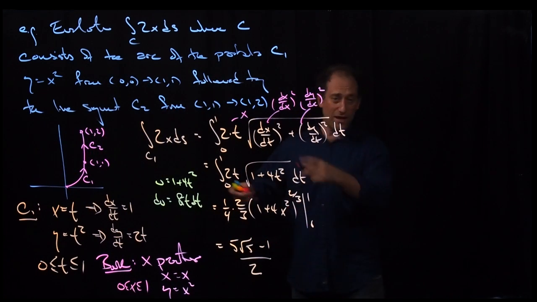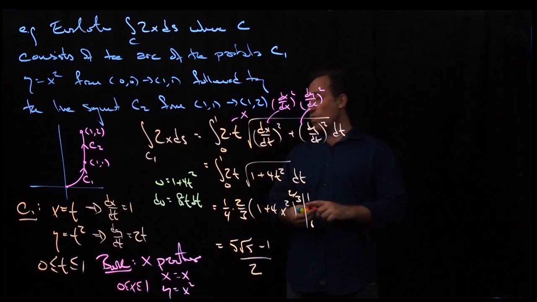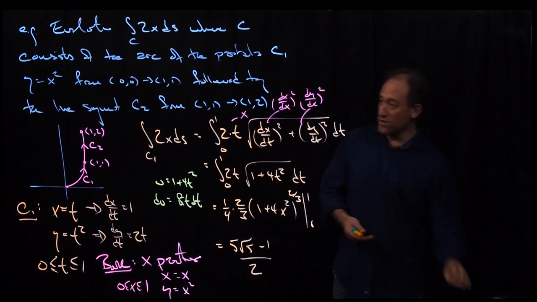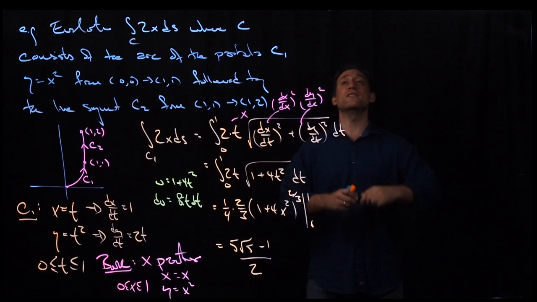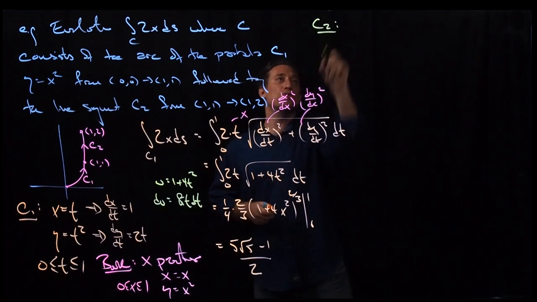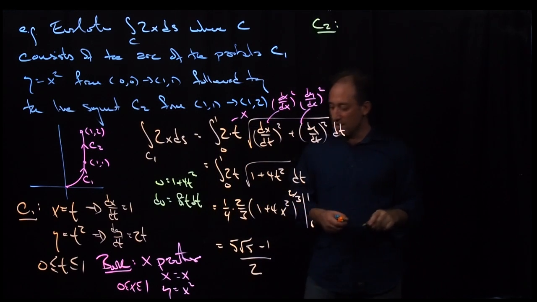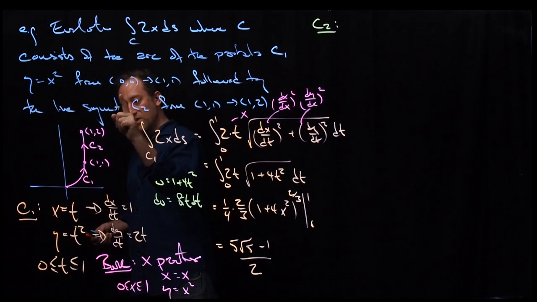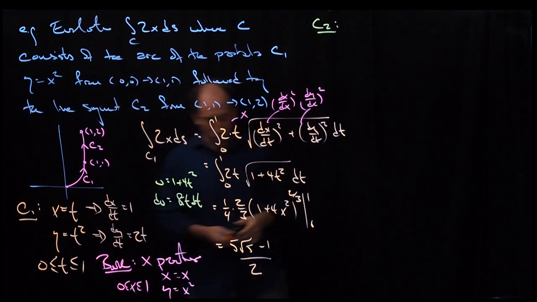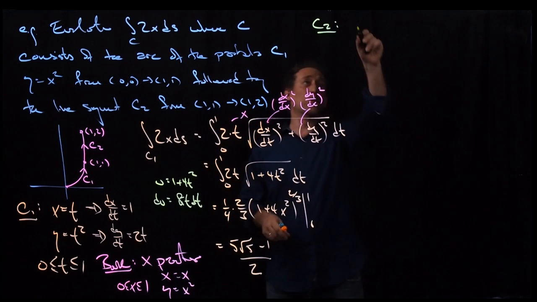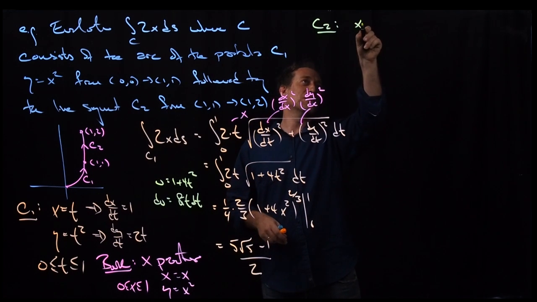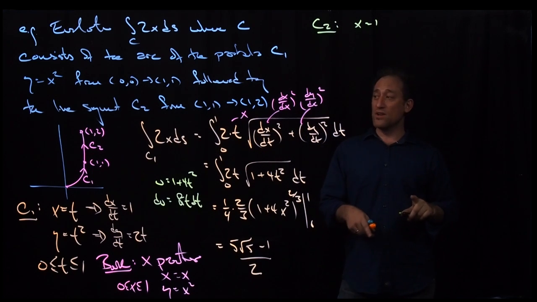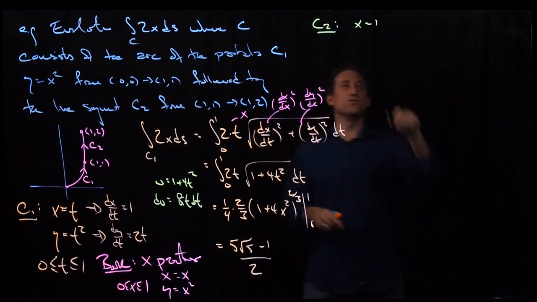All right, so that just gets me C1. I also need C2. Specifically, I need to begin with a parameterization of C2. I need to go from the point (1, 1) to the point (1, 2). X is always going to be 1, so I'll write x is equal to 1, and y will go from 1 to 2.